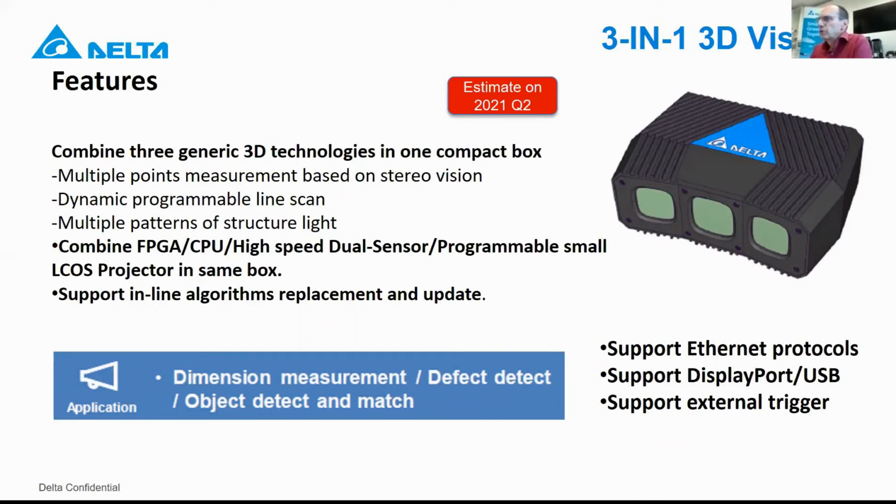It supports different types of applications. Dimension measurements, of course, boxes, shape measurement. You can also check on defects, object detect and matching. It supports Ethernet protocols. Of course, you can connect the display on it and an external trigger.